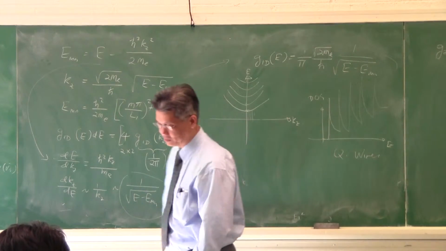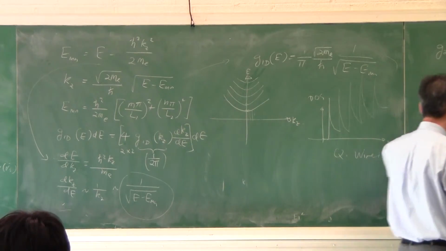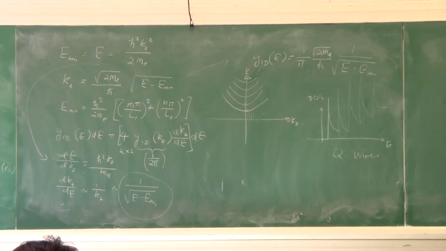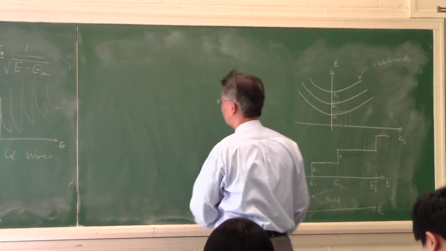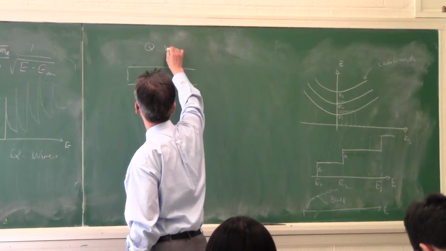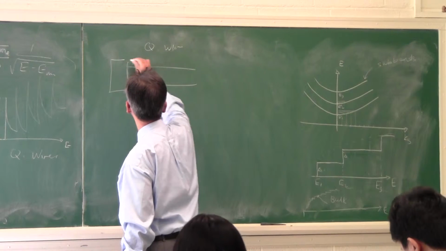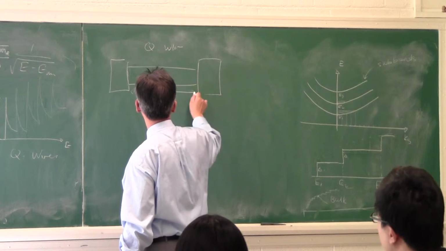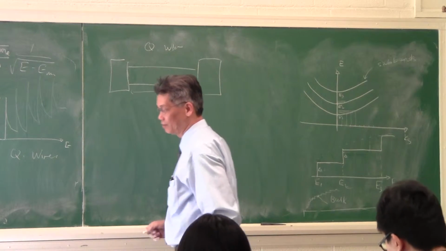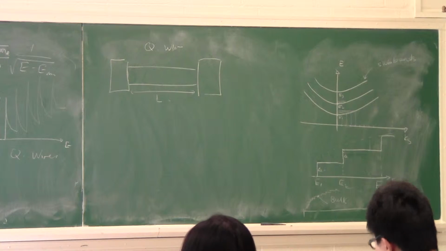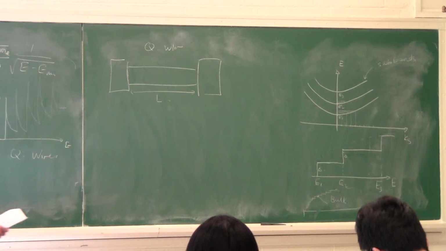Okay, there's another thing that I wanted to talk about, but I didn't have time to talk about. So just let me tell you what it is. It turns out that if you have a quantum wire, and you want to measure the resistance of this wire, the resistance does not become vanishingly small if you make the L smaller and smaller.